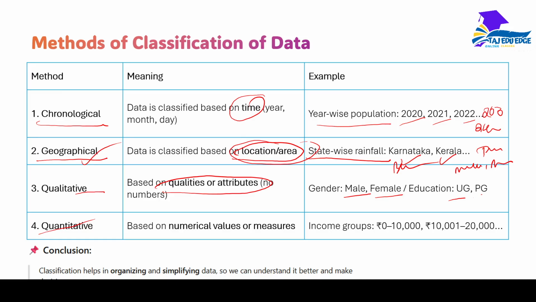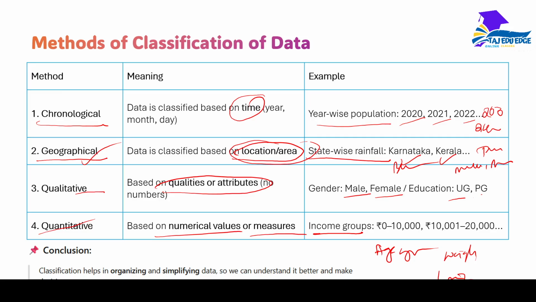When it comes to quantitative things, which are based on numerical values or measures, like income groups, age groups, weights, heights, all these are measured in terms of numbers, whereas male, female, gender, education, location kind of things are not measured in terms of numbers. That is why that is considered qualitative. So the 4 methods of classification of data are chronological, geographical, qualitative, quantitative.